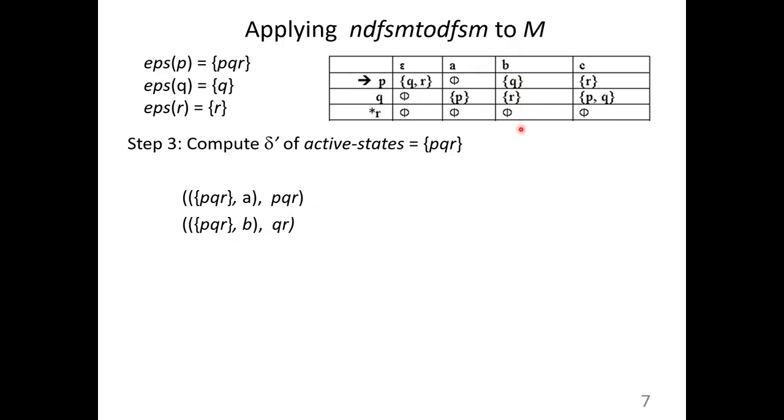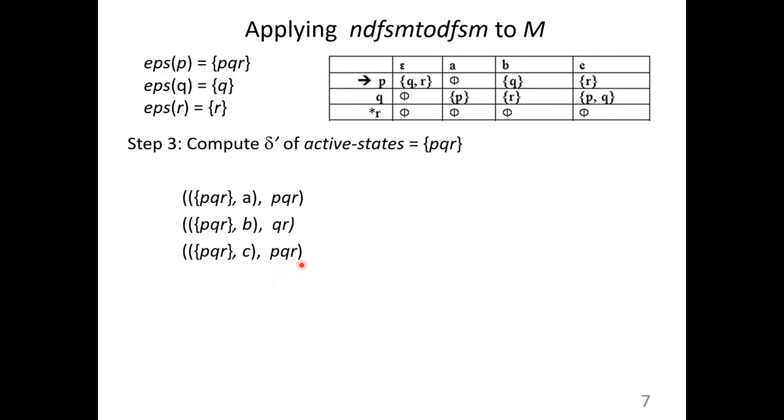So in this column, it goes to QR. EPS of Q is Q, EPS of R is R. So PQR, B is going to QR. Next, PQR, C: in this column, we have PQR, C going to state PQR, and EPS of PQR is PQR.